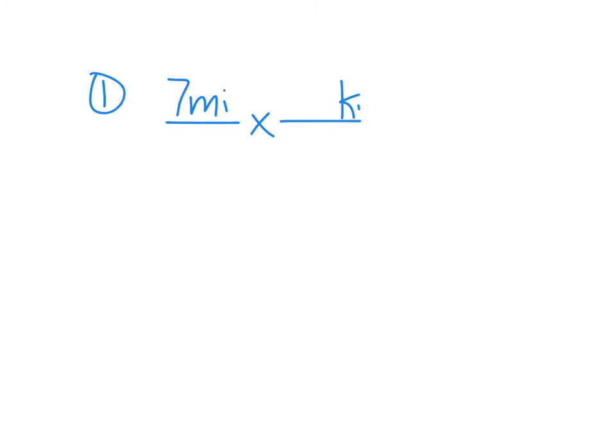Okay, so kilometers is going to go on top, miles is going on the bottom because I want to get rid of the miles. So what's our conversion factor for miles to kilometers? On that purple chart, kilometers. So 1 mile goes here, and 1.6 goes here.